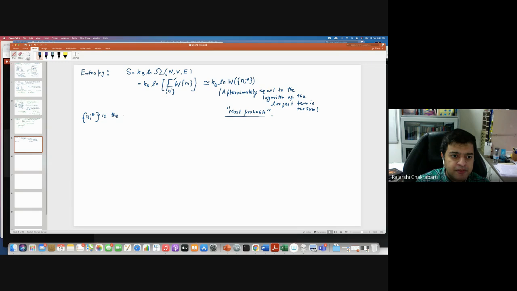It is the distribution set that maximizes the number, and ni star is the most probable ni, isn't it?